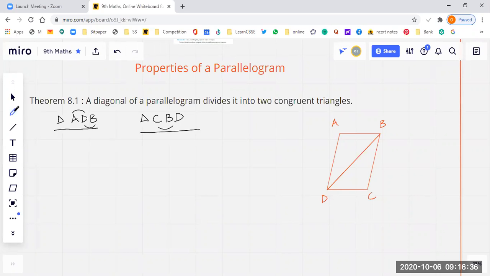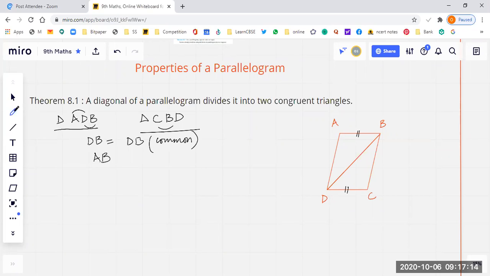The vertices must be written in the correct order. Okay. So we want to prove that they are congruent. So students, look at triangle ADB and CBD. You see that DB is equal to DB, that's common. Am I right, students? Now, we know that in a parallelogram, the opposite sides are parallel. That means AB is equal to DC.